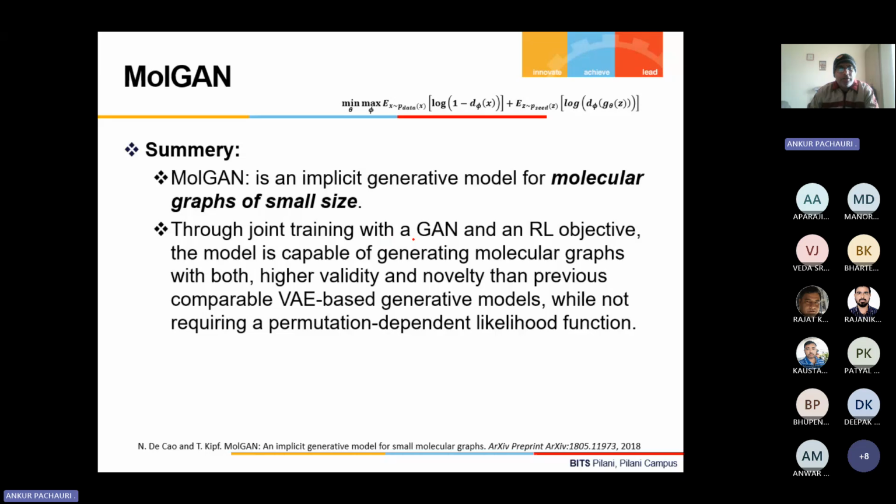Through the joint training of the GNN and reinforcement learning objective, the model is capable of generating molecular graphs with both higher validity and novelty than the previous comparable VAE based generative models, while not requiring a permutation dependent likelihood function.